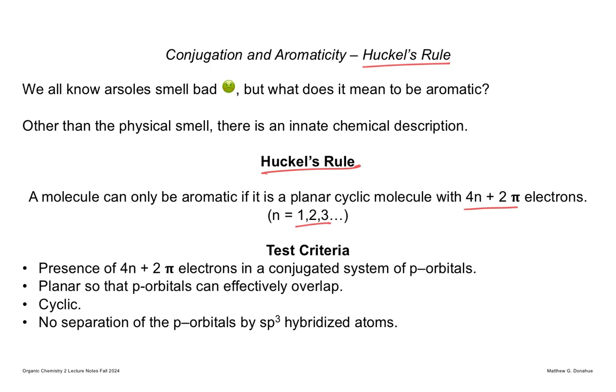So if you plug that in, 4n plus 2, when n equals 1, that gets 6. 2 is 10. 3 is 14. So you're basically looking for the pi bonds to count those electrons. If it doesn't obey that, right away you can toss it. It's not going to be aromatic.